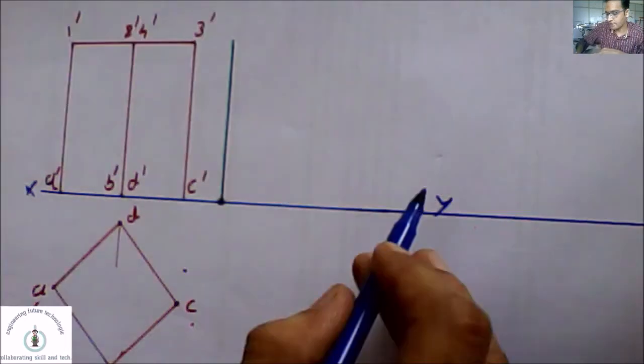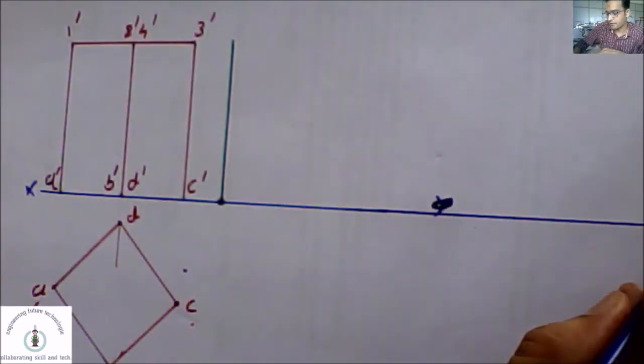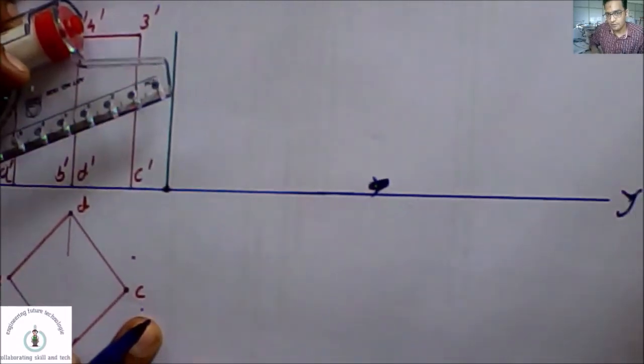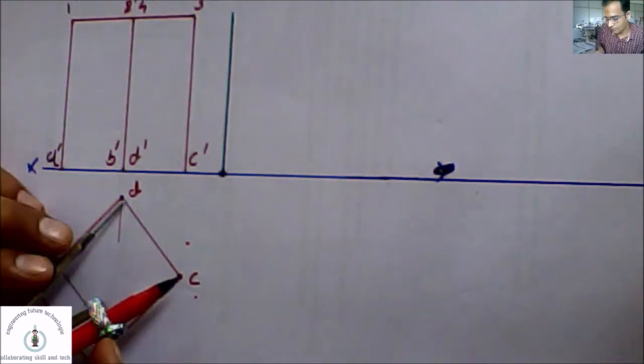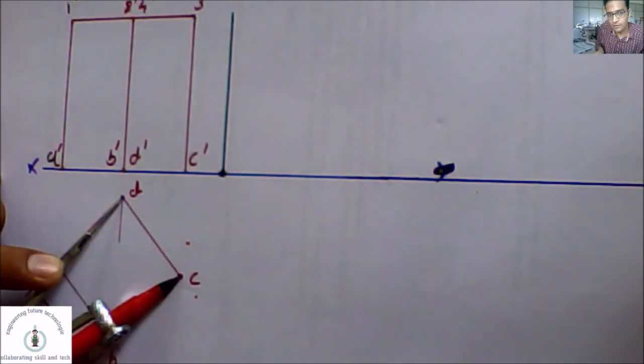I'll be taking enough length over here for representation of development or developed surface. I'll be taking, you can see over here, edge length from here.